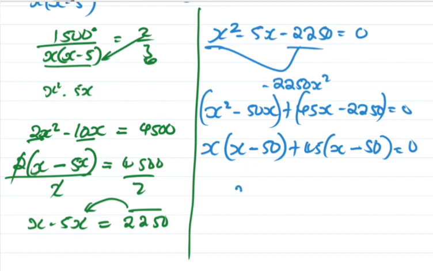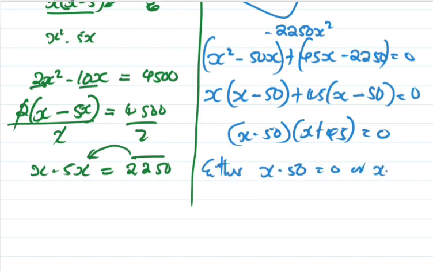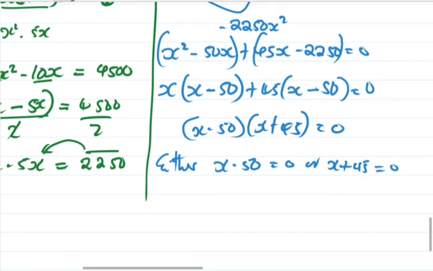Then here we have x minus 50 times x plus 45 is equal to 0. Then either x minus 50 is equal to 0 or x plus 45 is equal to 0. So here it will be x is equal to 50 or x is equal to negative 45.